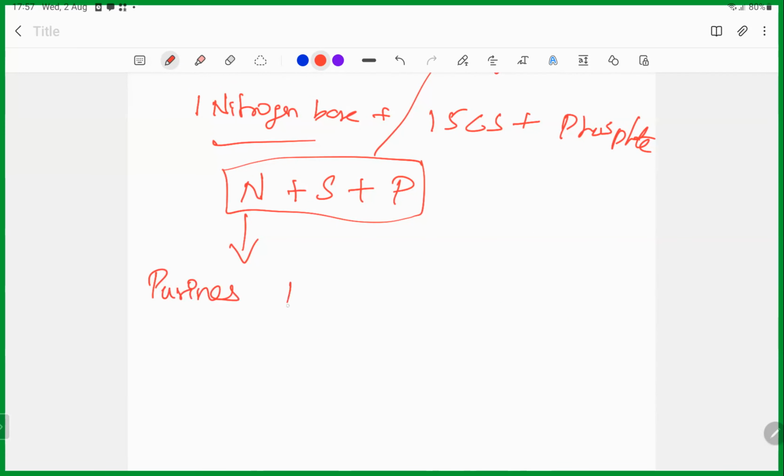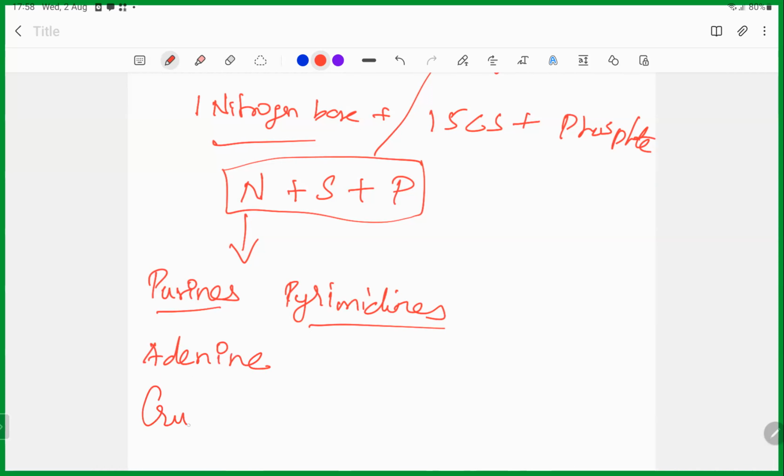Now, these nitrogenous bases are classified into two types called purines and pyrimidines. What are purines? There are two molecules, adenine and guanine. Adenine and guanine are purines. Thymine and cytosine are pyrimidines.